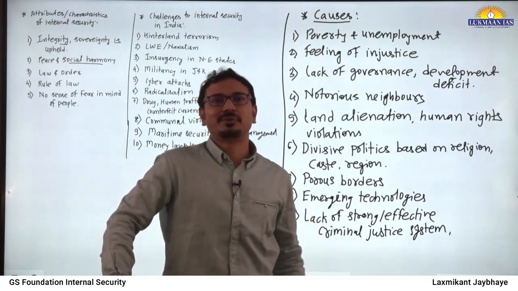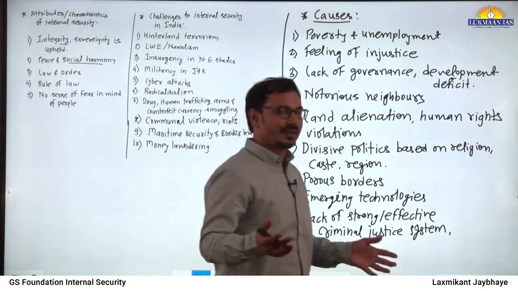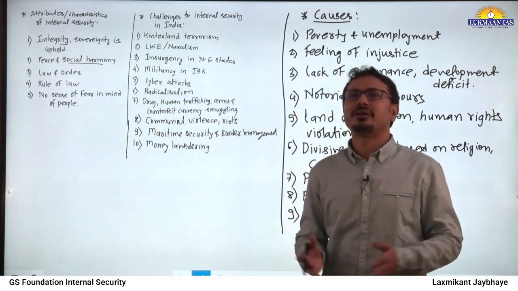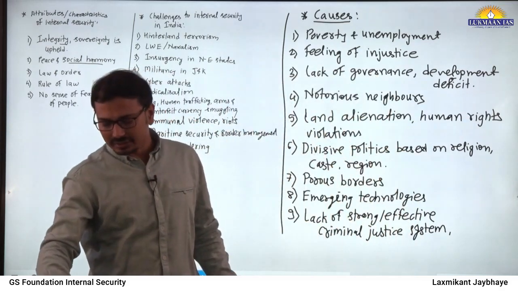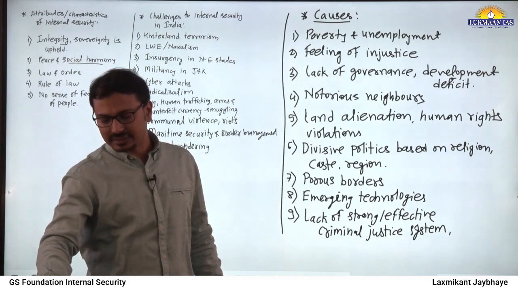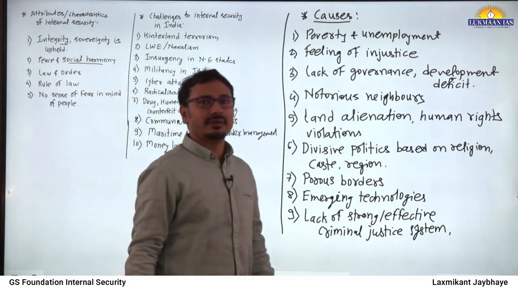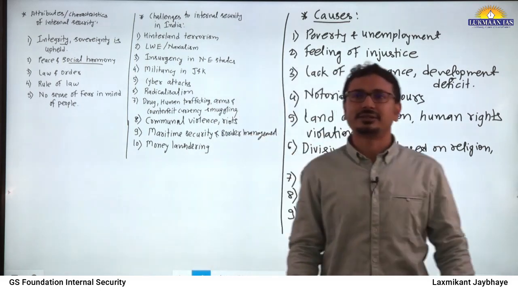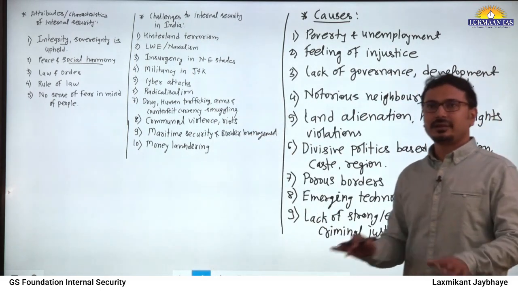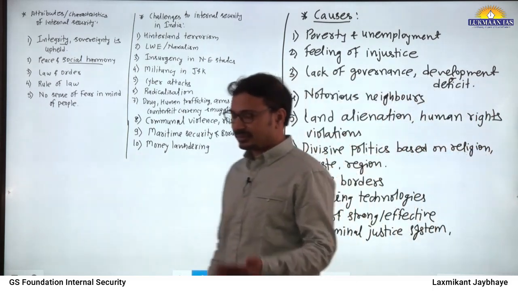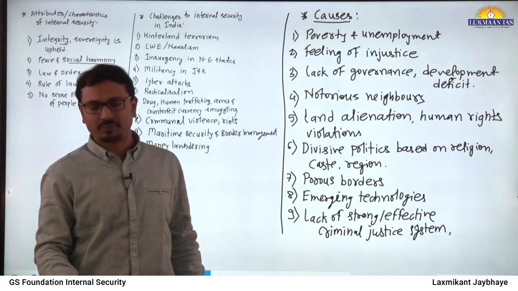Yes, so sleeper cells are basically those people who in general are living a social life, we do not understand them, we are not able to identify them, and they remain dormant unless and until there is some kind of order or instructions from the higher level in the hierarchy in that terrorist organization. ठीक है, तो वो आम आदमी की तरह रहते हैं, आम आदमी की तरह interact करते हैं, so we are not able to identify them properly.